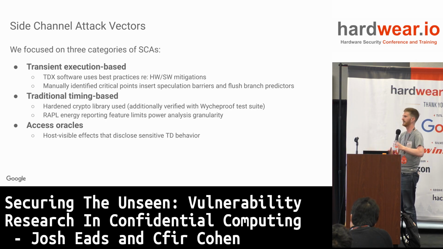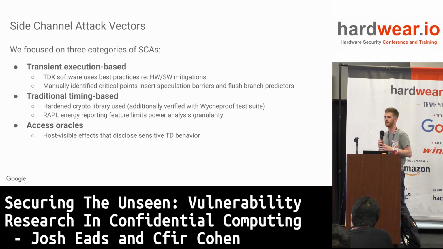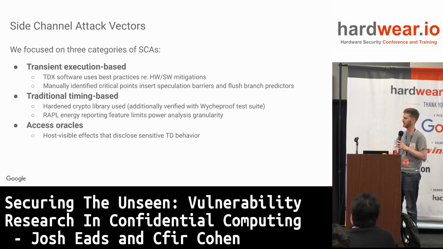So, as of publication, they had all the mitigations possible in hardware, and they're all turned on. The TDX software either turns them on or validates that they are on. And they've also manually placed some speculation barriers, and different things for flush predictors in critical spots. And we went through and validated all this, and it all seems good.